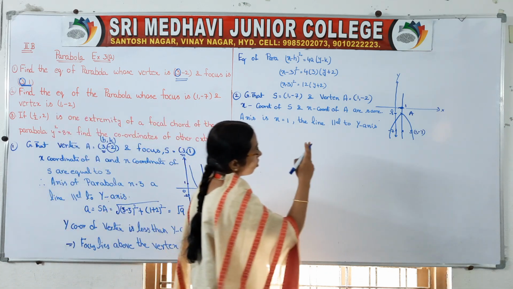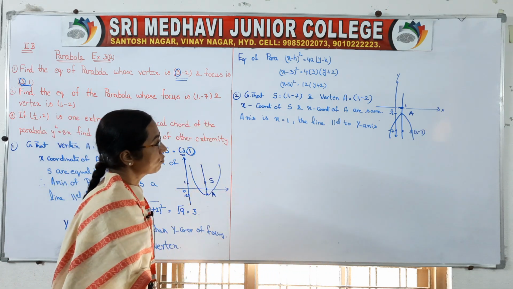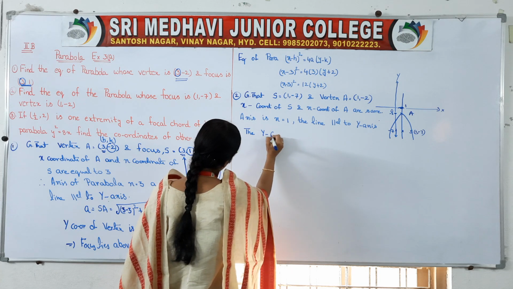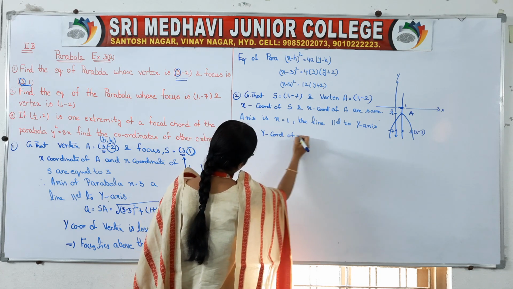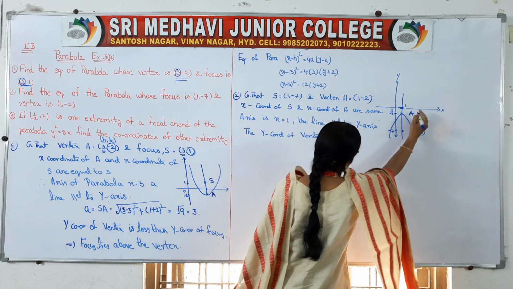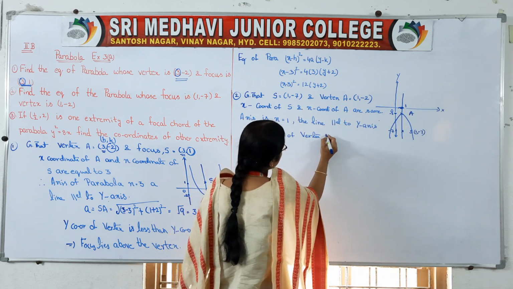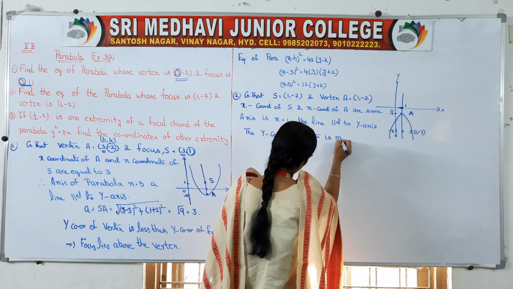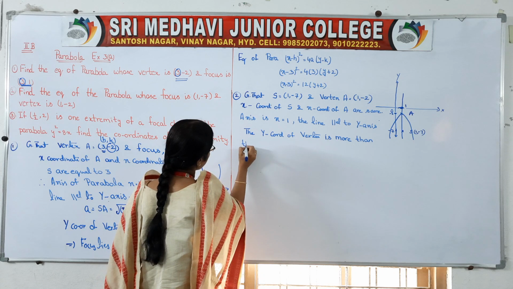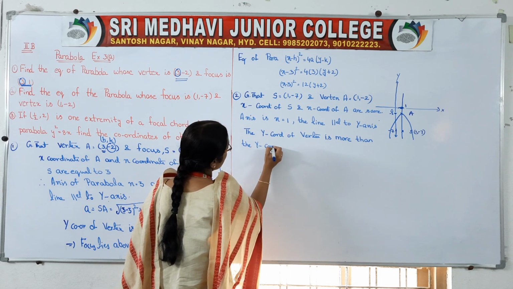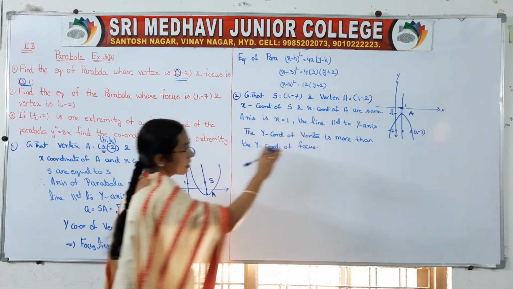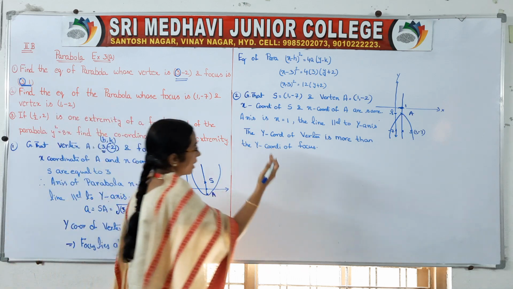And if you observe the coordinates of vertex and focus, the y coordinate of the vertex, observe what is it? That is minus 2, right? It is more than the y coordinate of the focus, isn't it? Previously it was less than, now it is more than. So focus lies downwards, below the vertex.